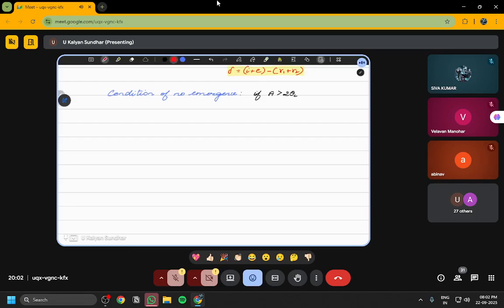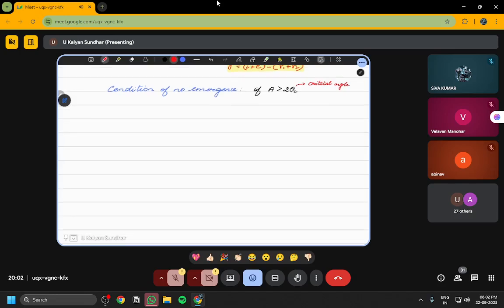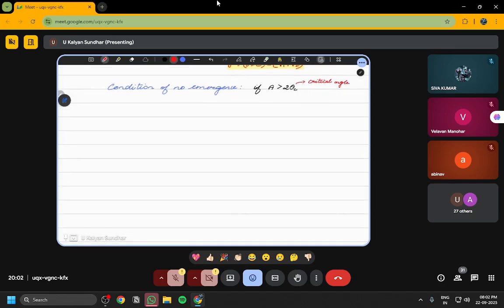Critical angle, exactly. Then your mu will be greater than 1 divided by sine A by 2. This is the expression which they have given for this condition.